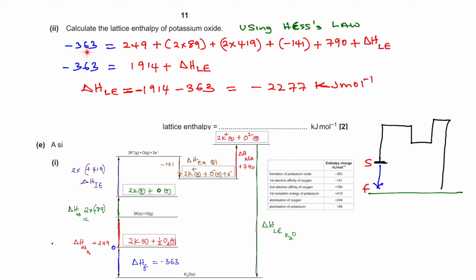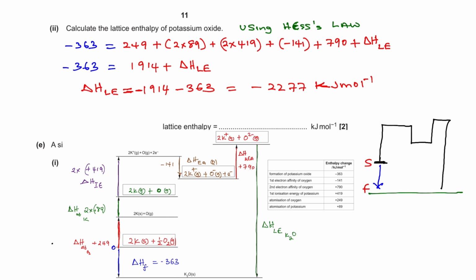And here is minus 363, that one. And then we're adding this one here. And then we're adding 2 of those. There's 2 of those. And then we're adding that one here as well. And then we're adding that one. Even though it's negative, we're still adding it. So plus minus 141, which of course will be minus here because plus minus is minus.